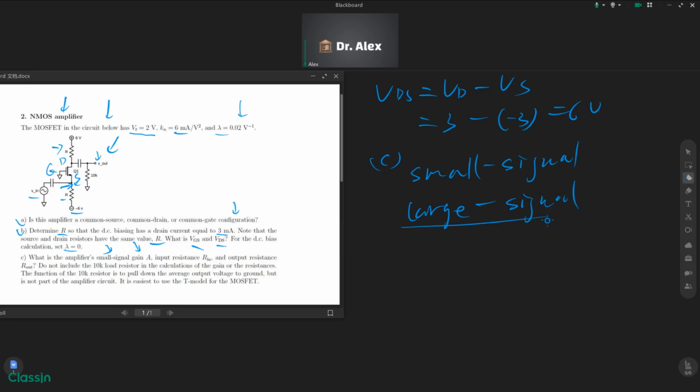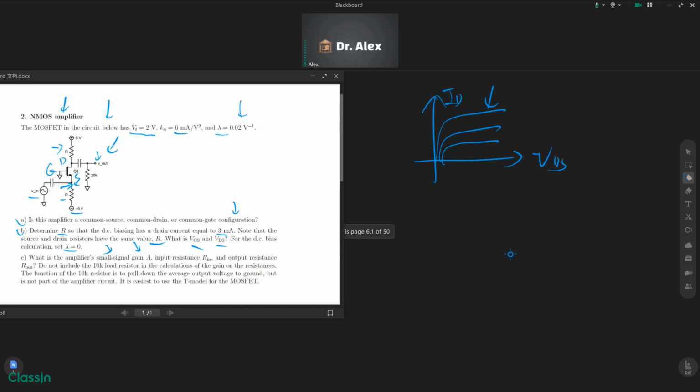The large signal mostly means the DC bias circuit. We use the DC bias circuit, the large signal, to make the amplifier work in the saturation region. And the small signal means the AC signal.